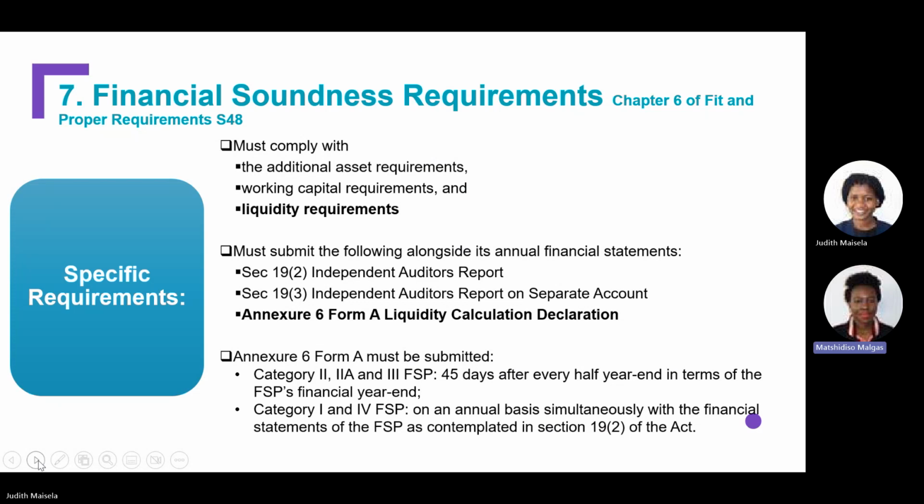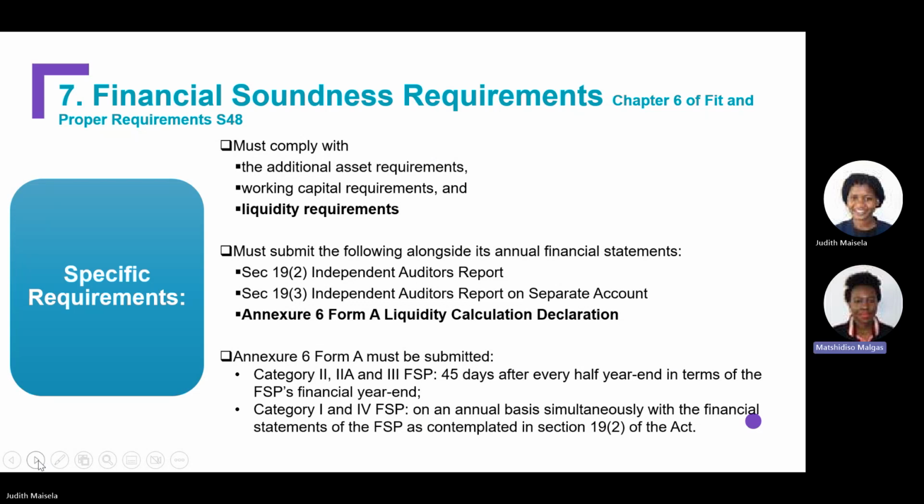Another submission that must come along with the financial statements is Annexure 6, Form A, which is the liquidity calculation declaration. This Form A, Annexure 6, must be submitted at different intervals for the different FSP license categories.